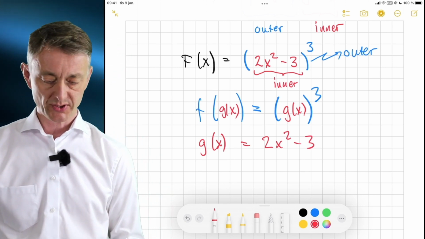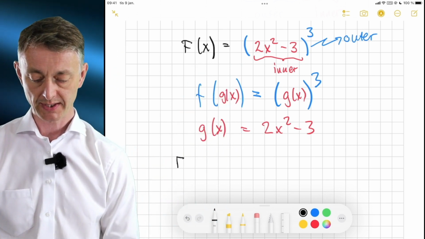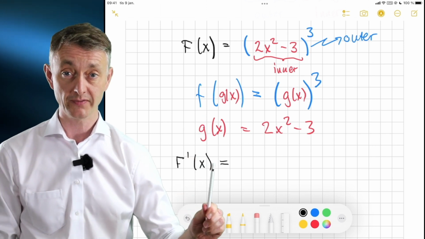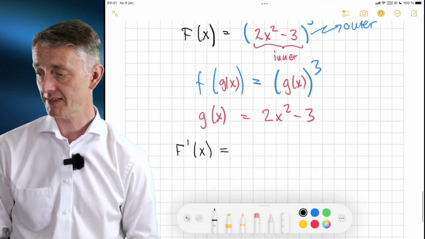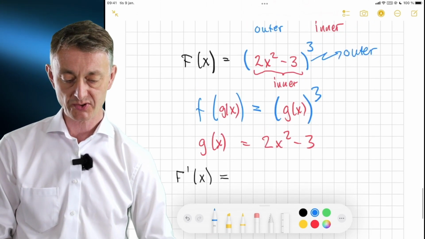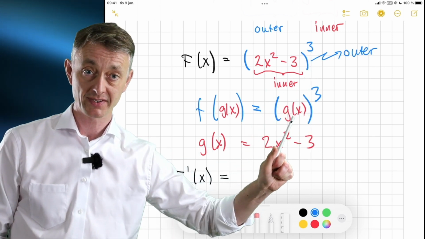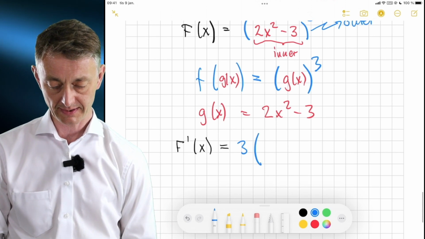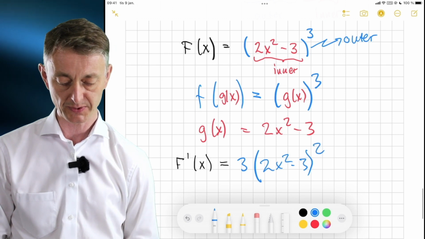Okay, so now we want to calculate the derivative of this whole function here. So the derivative of the function capital F of x is the following. So first we take the outer derivative, and what is that? Well, that is going to be, I'll write that in blue completely, 3 times this to the power of 2. 3 times (2x squared minus 3) to the power of 2.